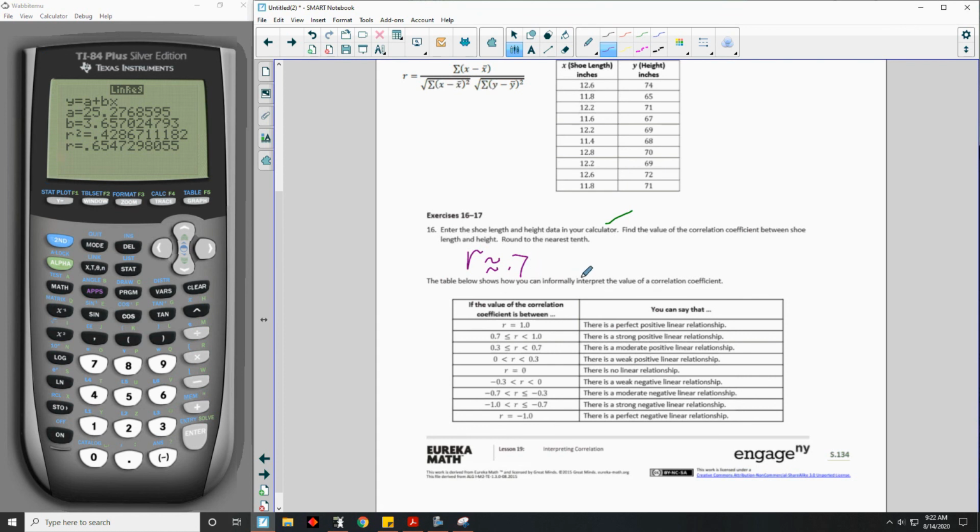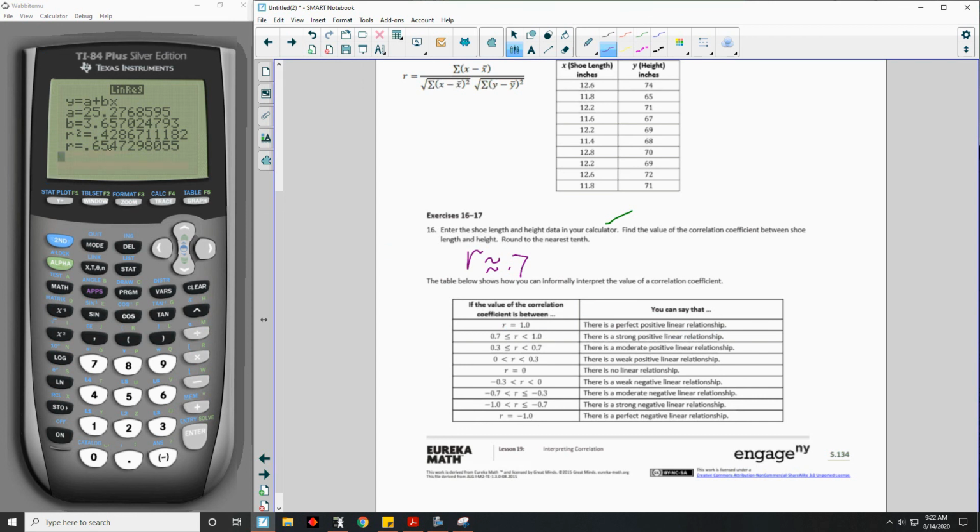The table below shows how you can informally interpret the value of the correlation coefficient. So here it is, R is perfect. So we have a 0.7. So R is greater than or equal to 0.7 but less than 1. This is a strong positive linear relationship.